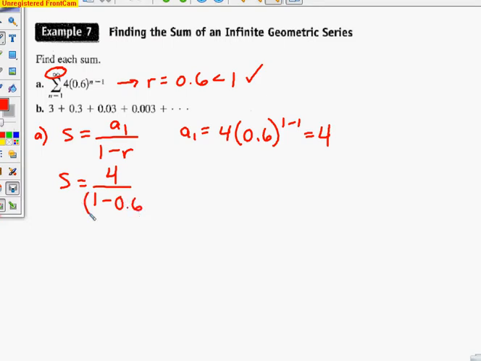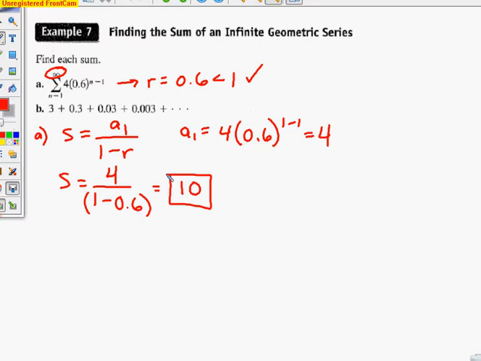When you do this in the calculator, you could subtract the bottom first, or you can use parentheses. 4 divided by parenthesis, 1 minus 0.6. And this is 10. All right. So again, as you keep adding up these terms toward infinity, this sum approaches 10. Okay?